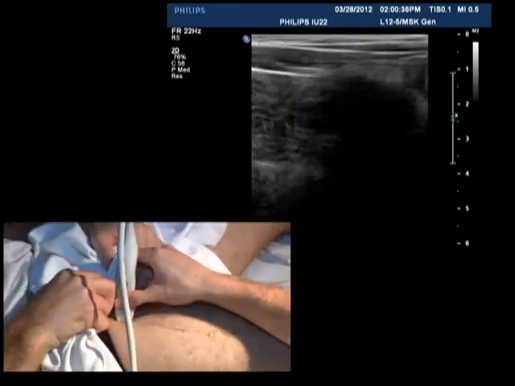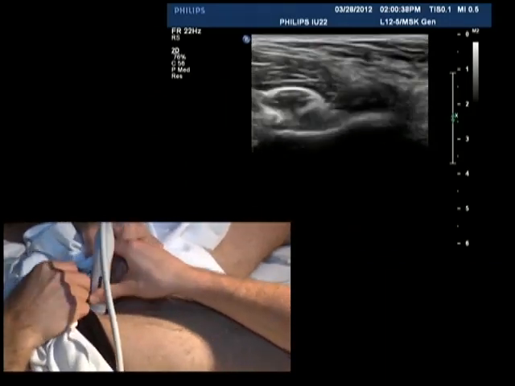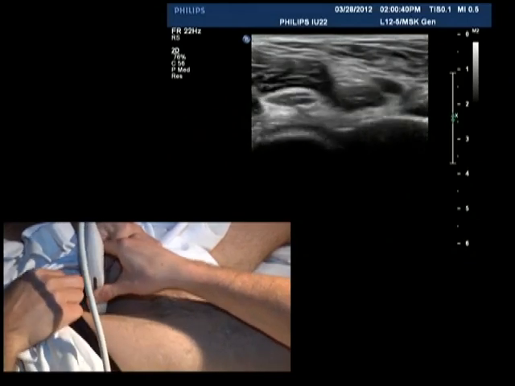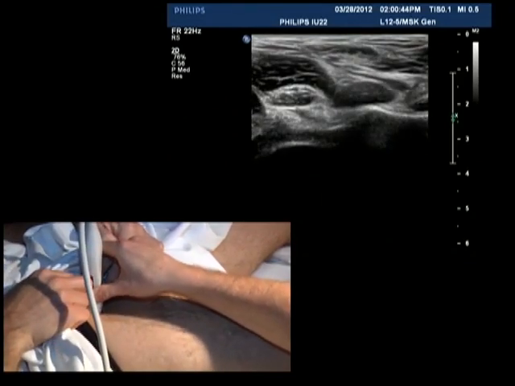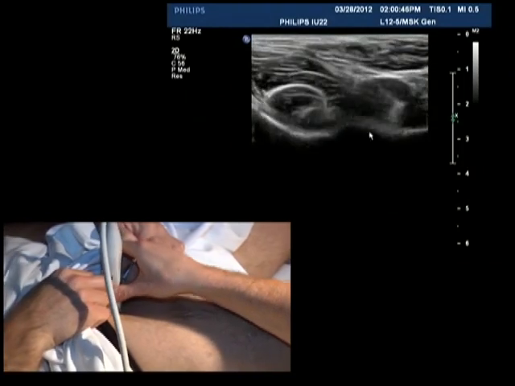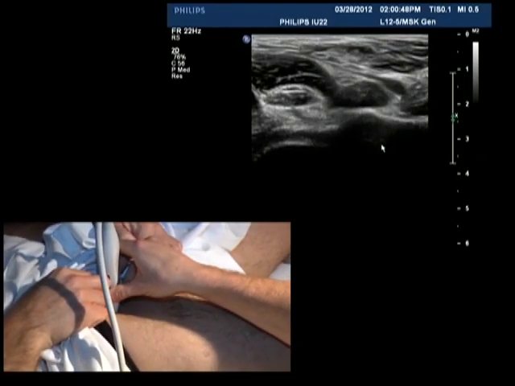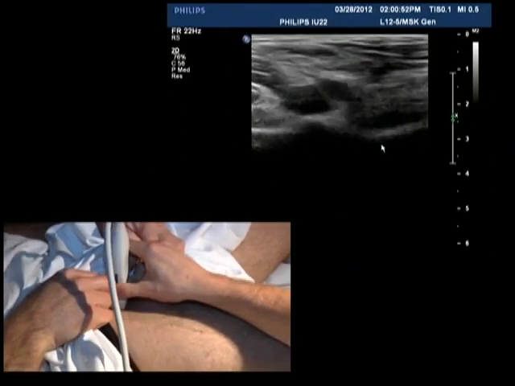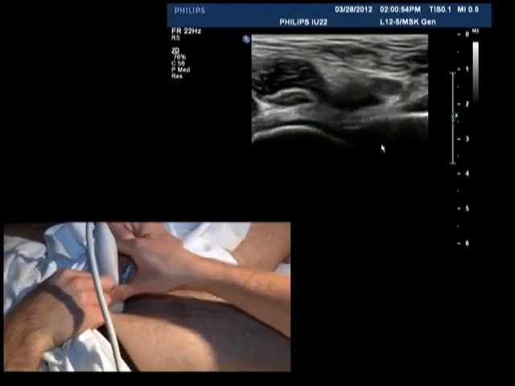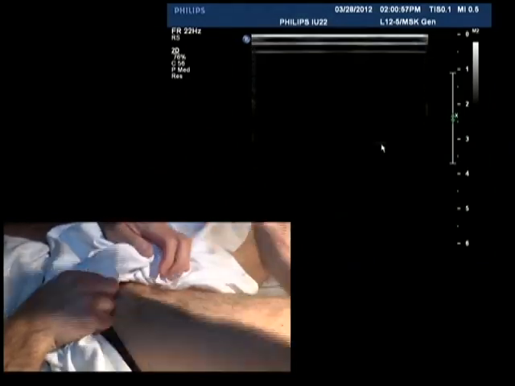Oh, great, thanks. So, trying to identify that structure right here. It's a bright echogenic structure, just superior at the bony margin. So again, you want to follow that structure both longitudinally and transversely over the hip.